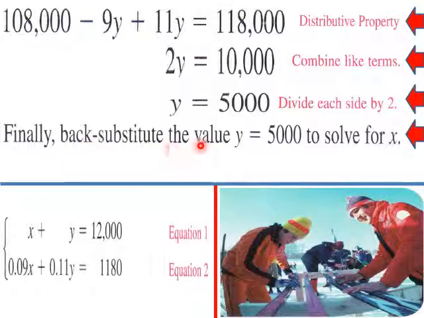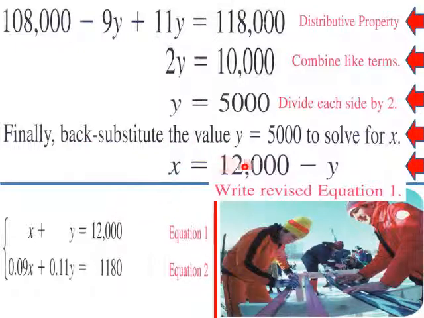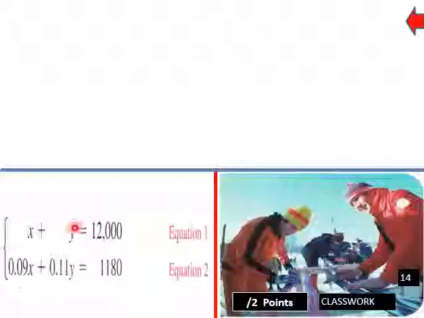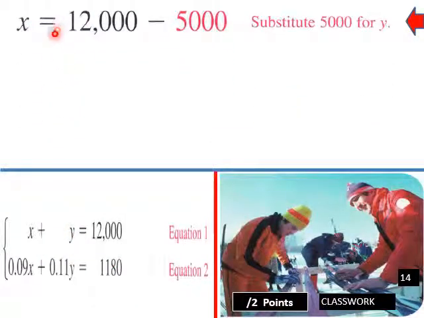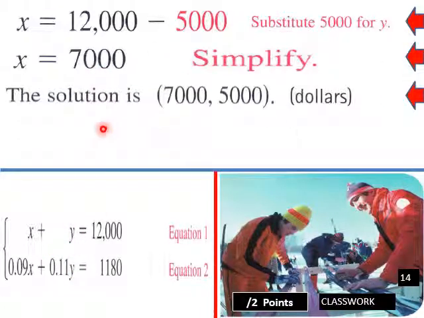So finally, back substitute y equals 5,000 to solve for x. When we do that, 12,000 minus y. Right here. So x equals 12,000 minus 5,000. And we get x equals 7,000. So now we have a solution here, 7,000, 5,000.